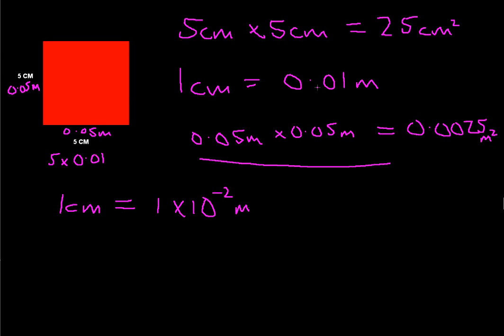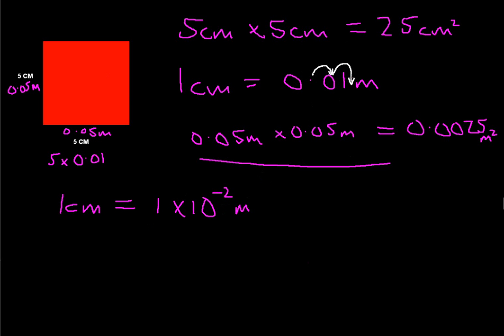Hopefully you know how we've figured out the minus 2 part. We're moving the decimal point 2 places, and because it's a small number, it goes to the negative. So we know it's to the minus 2.